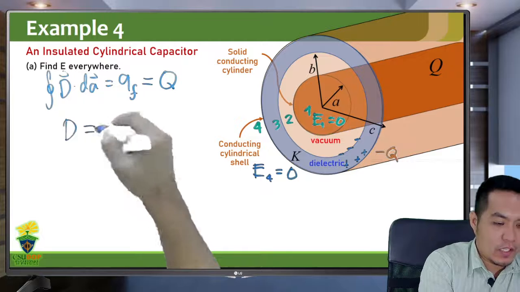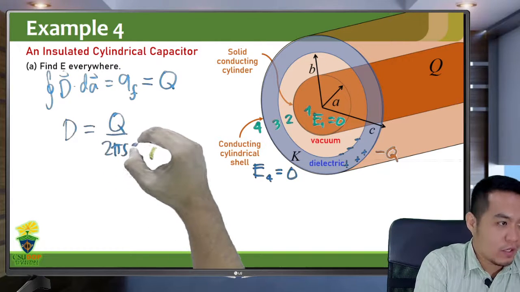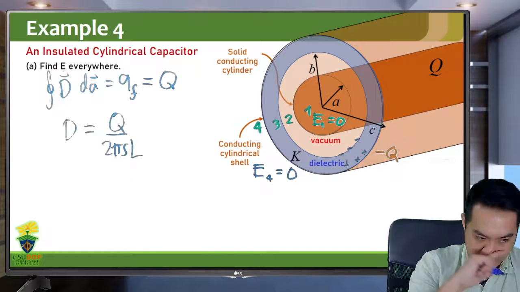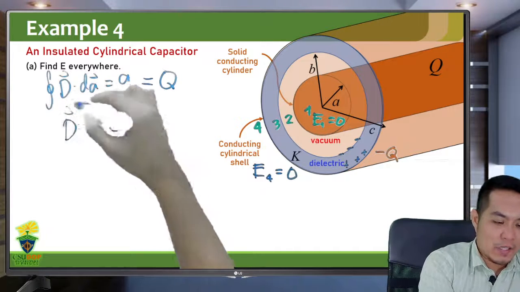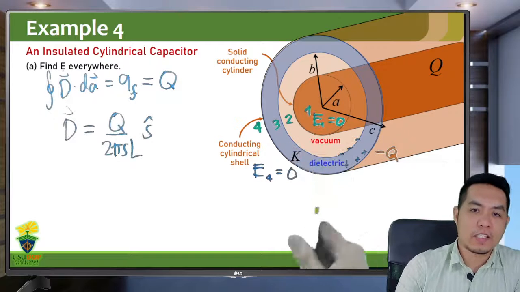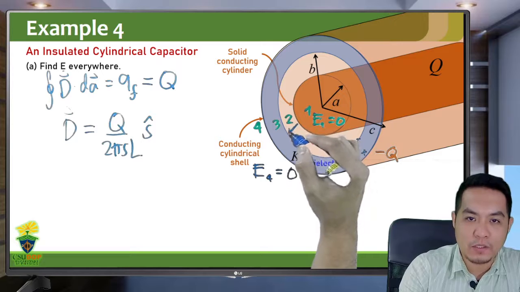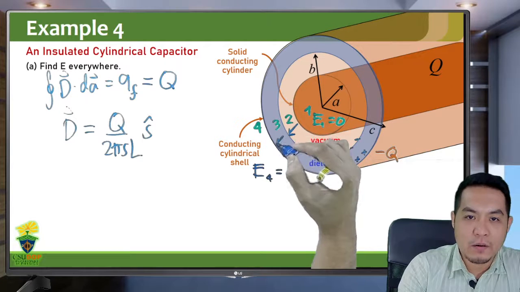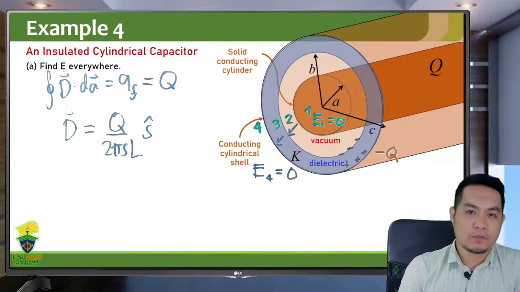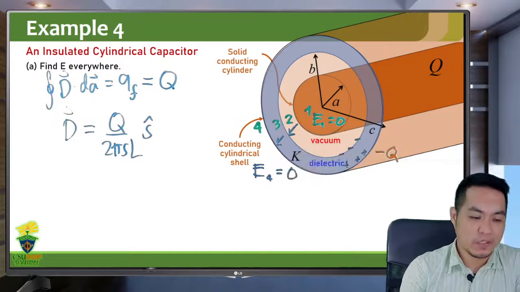So D will just be equal to Q over 2 pi SL. And the direction of this is s hat, in the same direction as the electric field. So the electric field's direction here is radially outward. So this will be the direction of our electric field, E2 and E3. So similarly, the direction of displacement will also be in that direction. Okay.